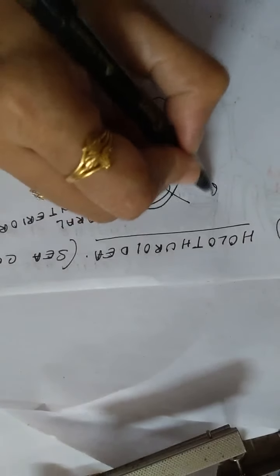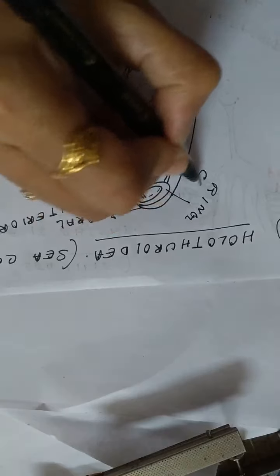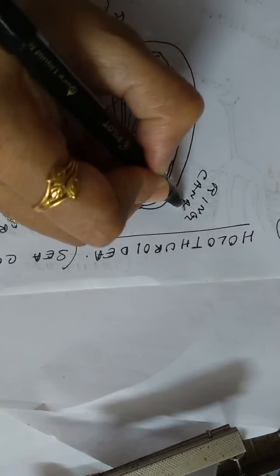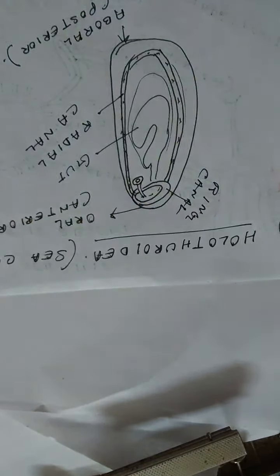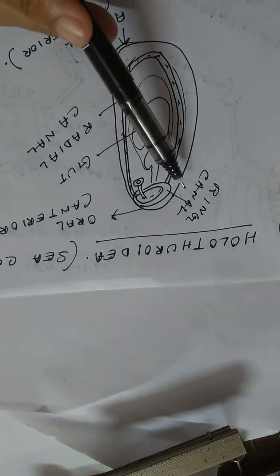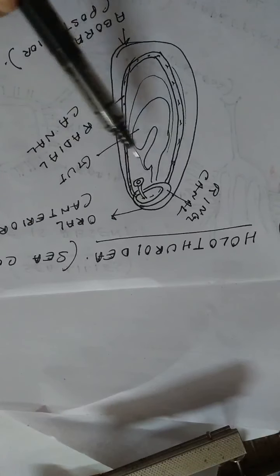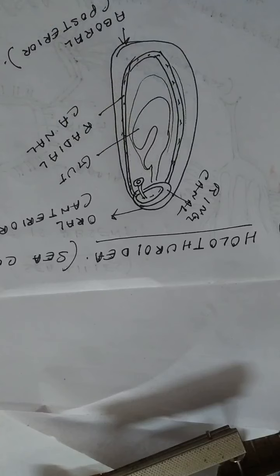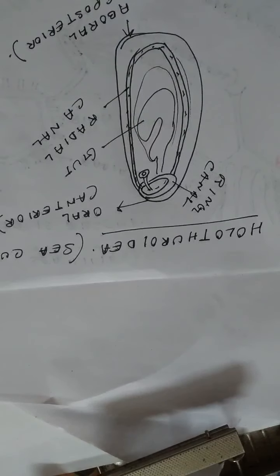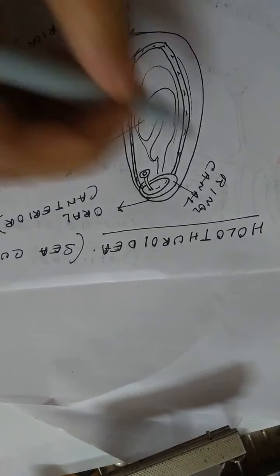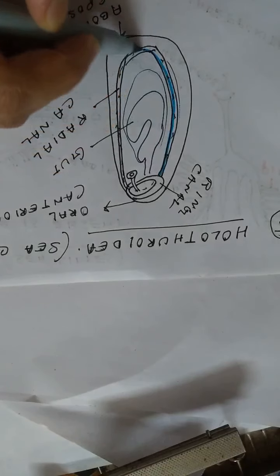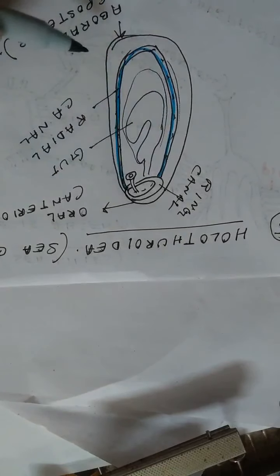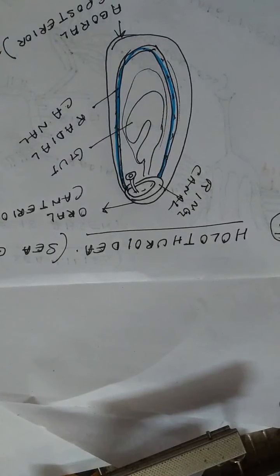This is the ring canal. Okay, so this ring canal gives rise to this radial canal, which encircles the gut.